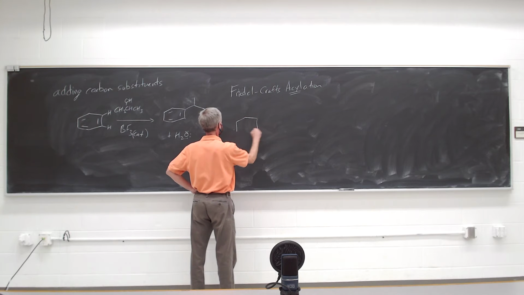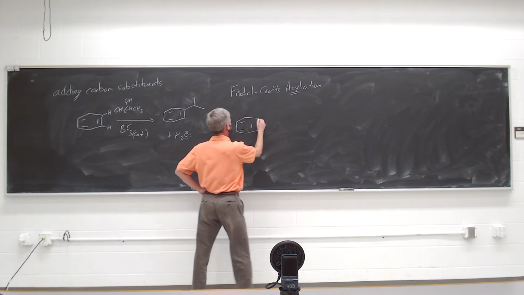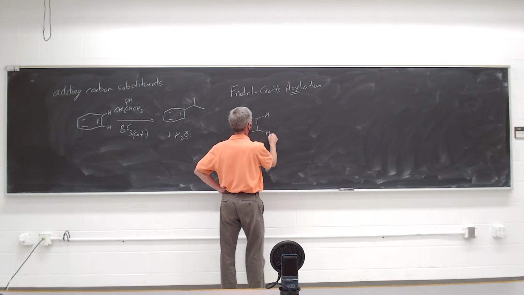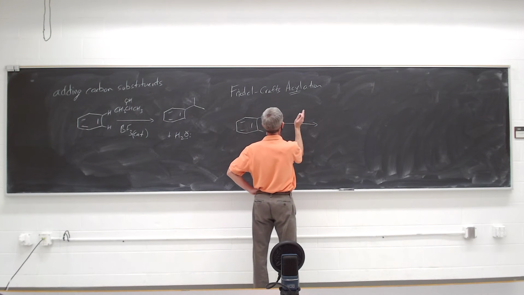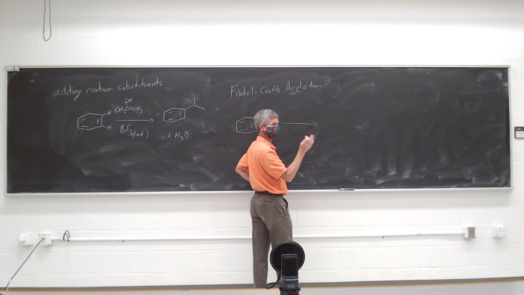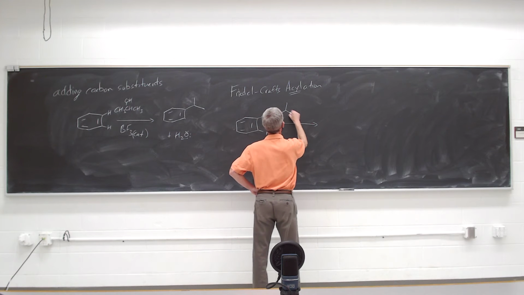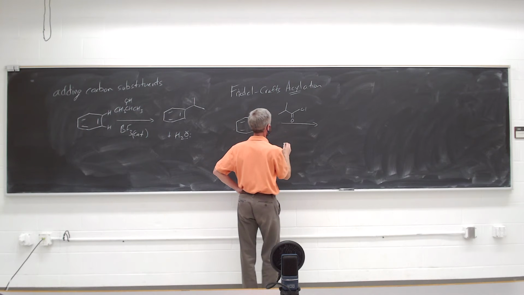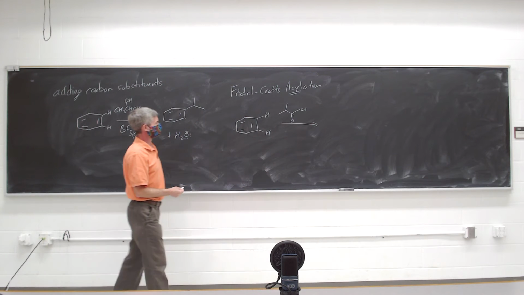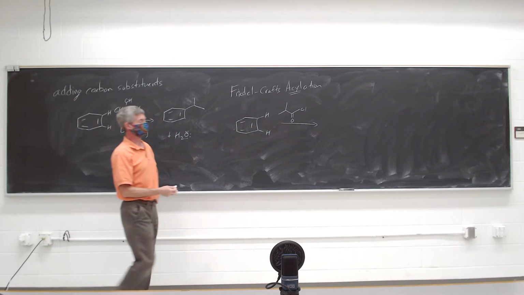Probably it comes as no surprise that if you can activate an alkyl chloride by treating it with a Lewis acid, you can probably activate an acyl chloride as well. Okay, so in this case, 2-methyl propanoyl chloride.